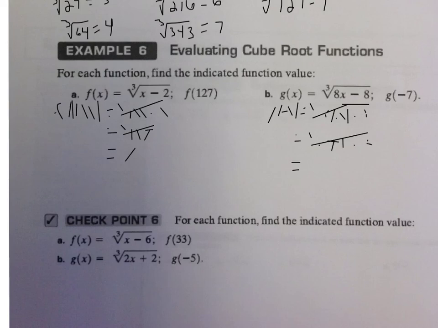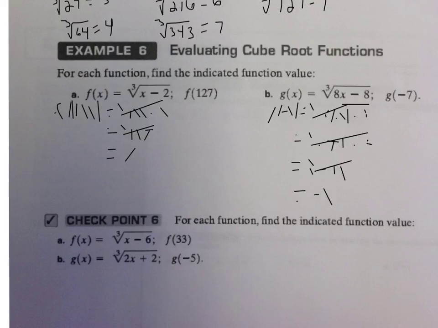Negative 56 minus 8 is negative 64, so the cube root of negative 64. And again, we can take the cube root of a negative. It's not a real number issue, which would be called imaginary. The cube root of negative 64 is just going to be negative 4.